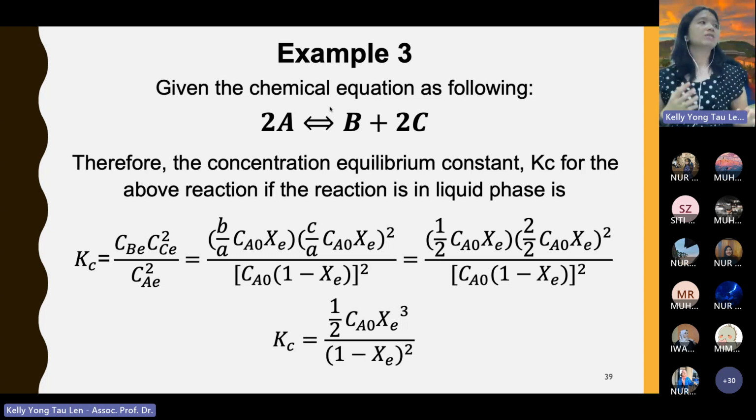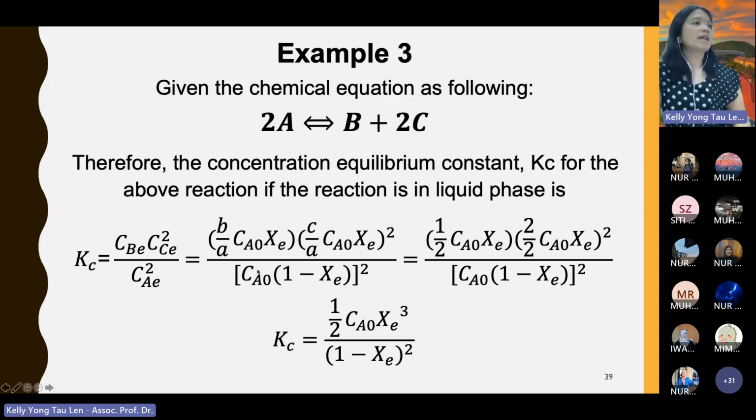Okay, in this case, you can see we have two products, B and C. So concentration of B at equilibrium multiply with concentration of C at equilibrium, power of 2, because the stoichiometric coefficient of C is 2, stoichiometric coefficient of B is 1, over concentration of A at equilibrium, power of 2, because the stoichiometric coefficient is also 2.